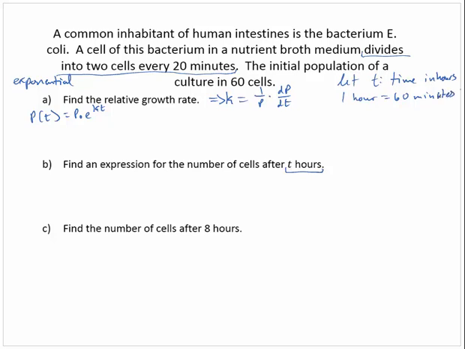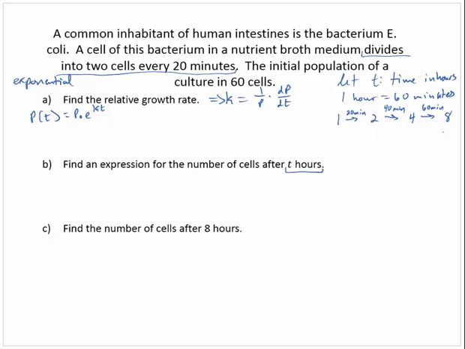And so that's, in a sense, 3 divisions. We start with 1 cell. After 20 minutes, we would have 2 cells. After 40 minutes, we would have 2 times 2, we would have 4 cells. And after 60 minutes, or 1 hour, we would have 8 cells.